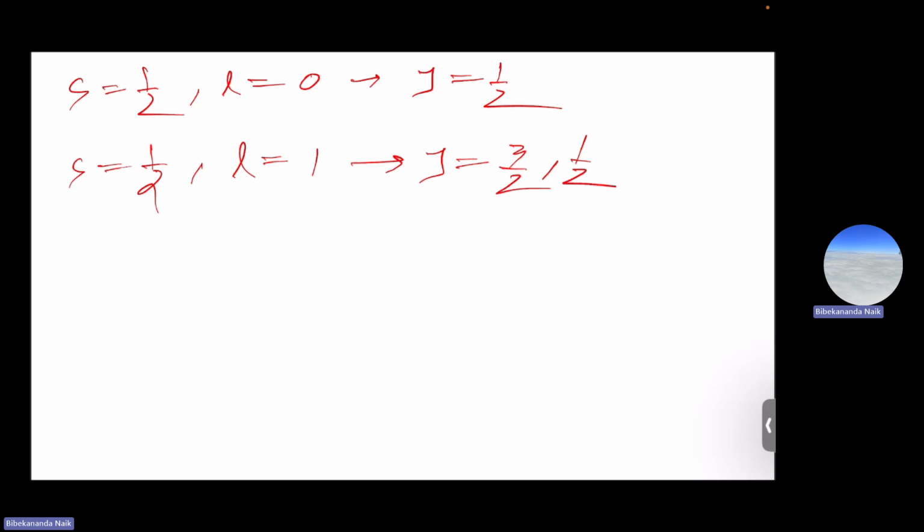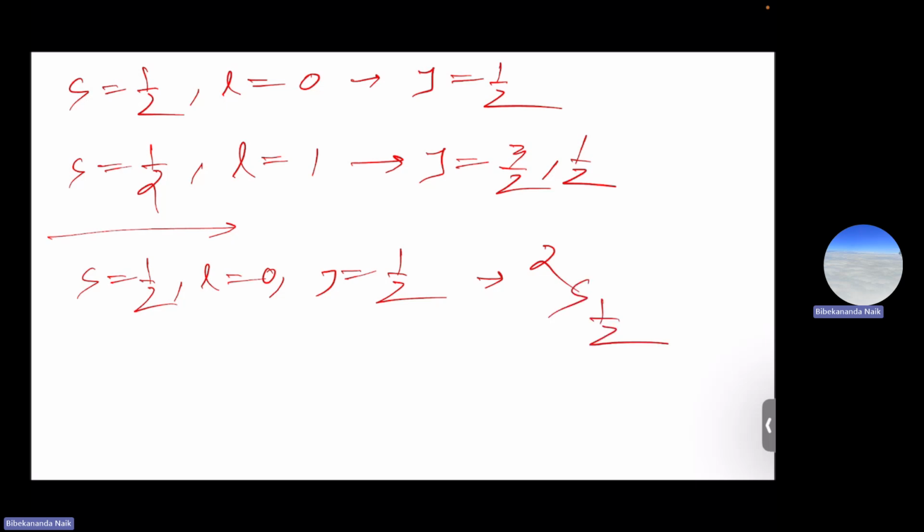Now there will be labels. In one level, S will be half, L will be 0, J will be half. 2S plus 1 is 2, L equal to 0 means S, J is half, so 2s 1/2 will be one label.